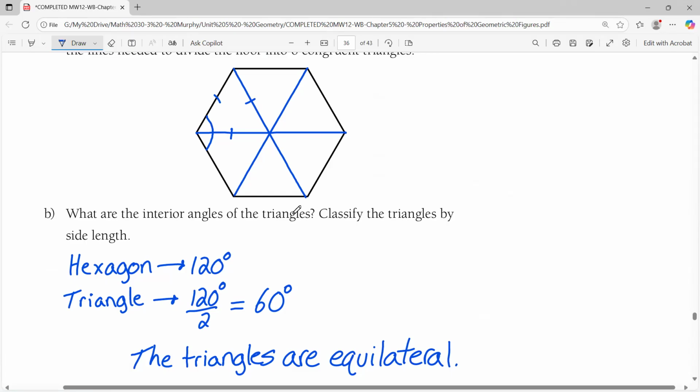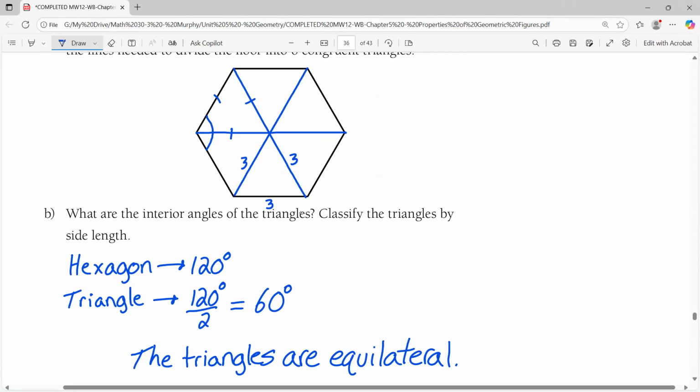Okay. And then our very last question. If the sides of the regular hexagon measure 3 meters, okay, so 3, which would mean these triangle sides are 3 because they're equilateral. What is the area of the floor? Okay, we don't have an equation for area of a hexagon.